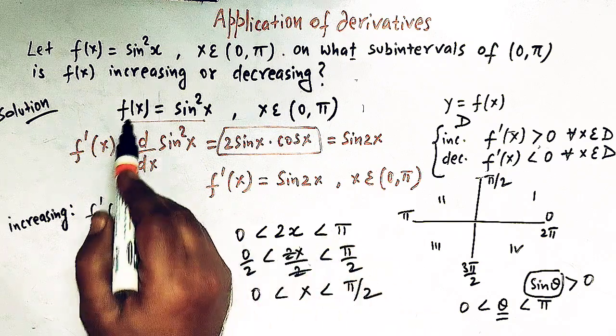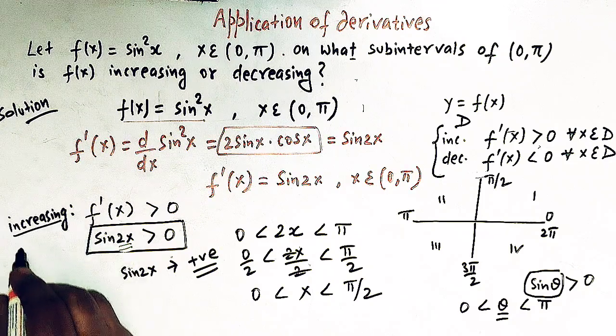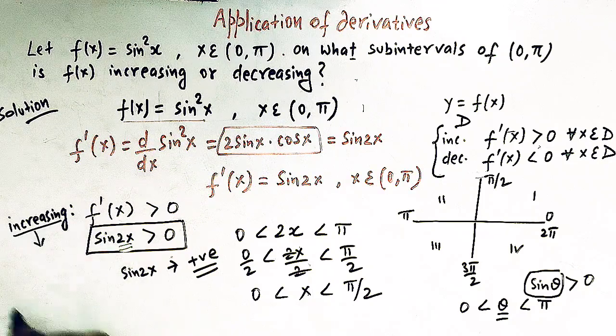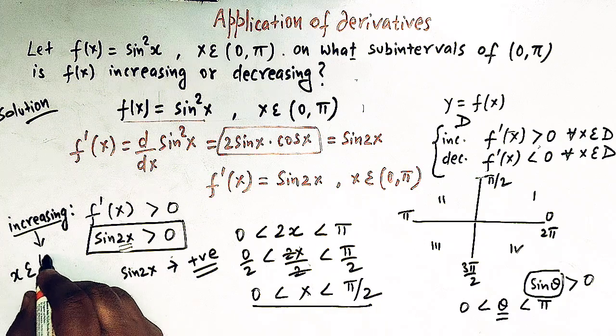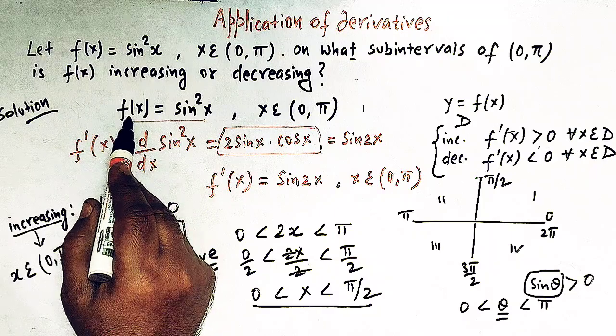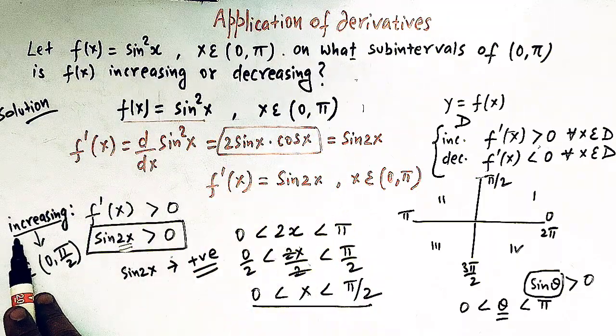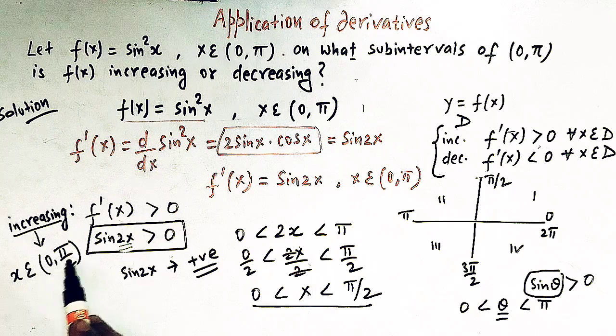Or in other words, this function f of x is said to be an increasing function when x belongs to this interval, that is 0 comma pi by 2.